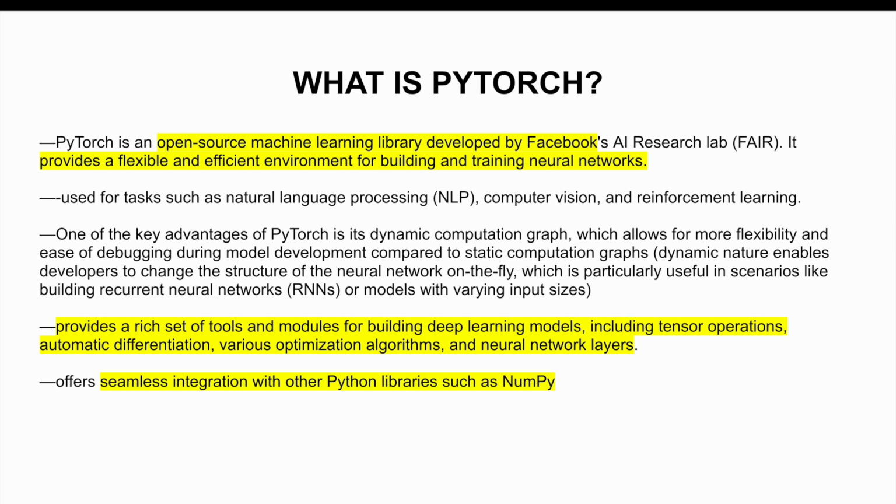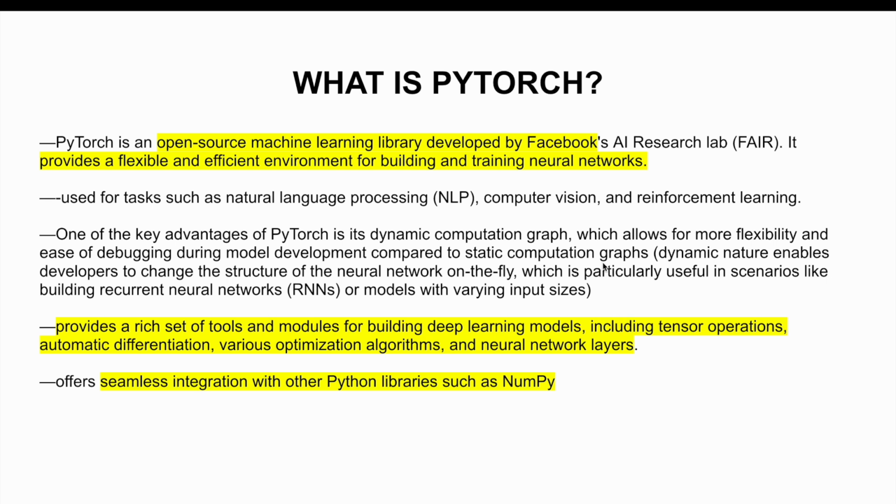One other thing that I wanted to mention is that one of the key advantages of PyTorch is its dynamic computation graph, which allows for more flexibility and for ease with debugging during model development when compared to static computational graphs.